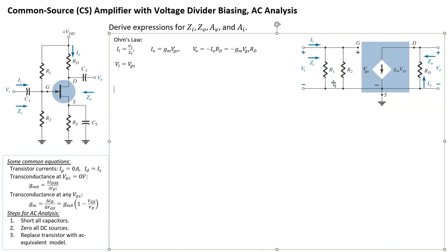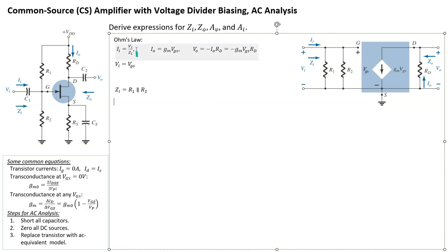So ZI is simply R1 parallel R2, fairly straightforward.